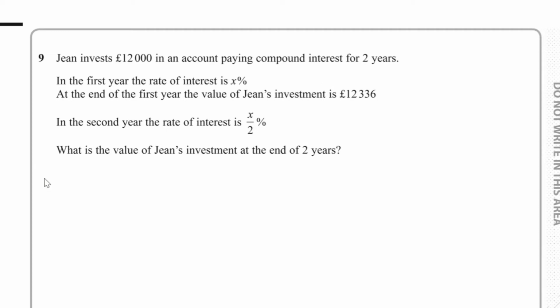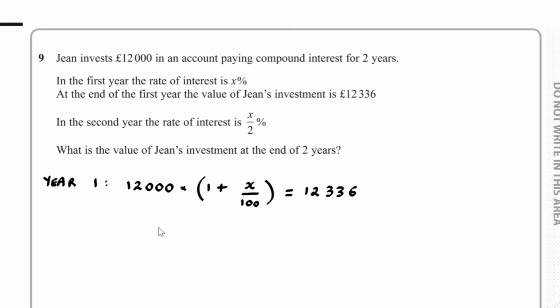Well, in year 1, we invest £12,000, and then we multiply this by 1 plus X over 100. We are investing for 1 year, and at the end of it, what we get is 12,336.